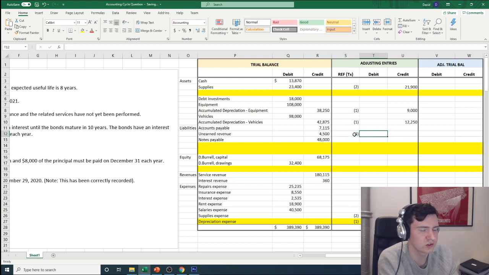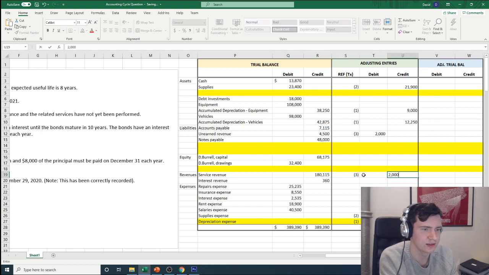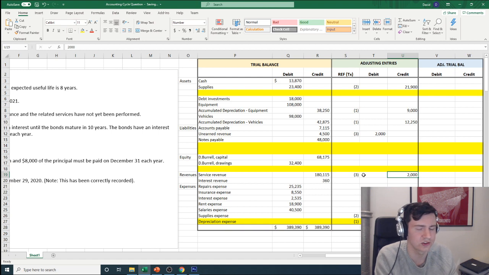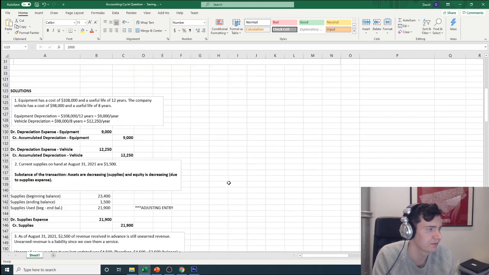And since we're earning the unearned revenue, we need to debit it. So we're debiting it by $2,000. And we need to show that we've earned revenue. So we're going to reference the third adjusting entry here for service revenue and credit service revenue for 2,000. And that's all we do for the third one.